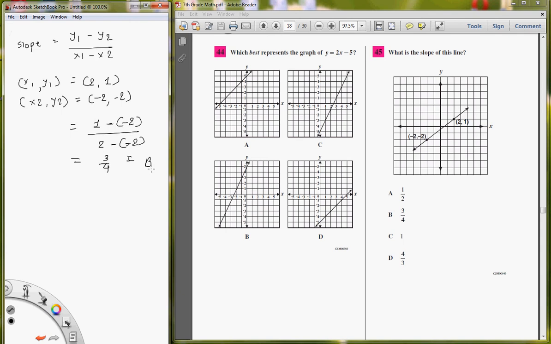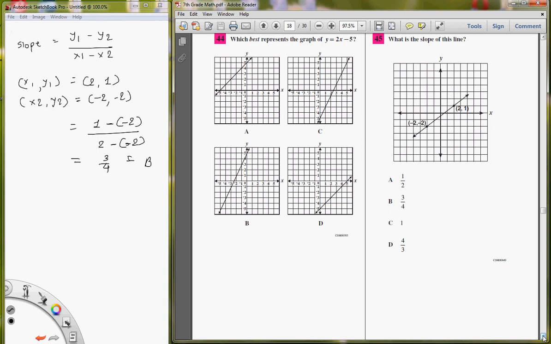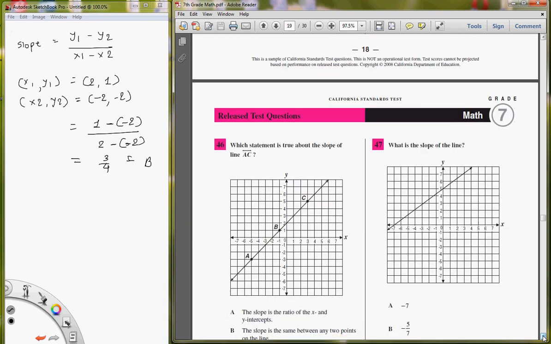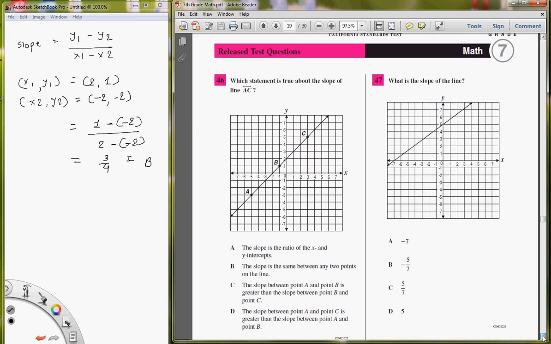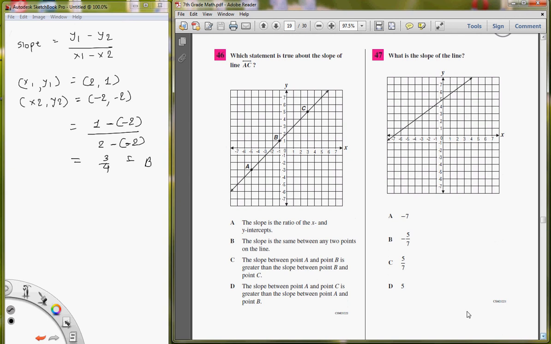Let's take a look at question number 46. Which statement is true about the slope of the line? On the line, slope will always be constant. The slope is a ratio of x and y intercept. That's not true. The slope is the same between any 2 points.